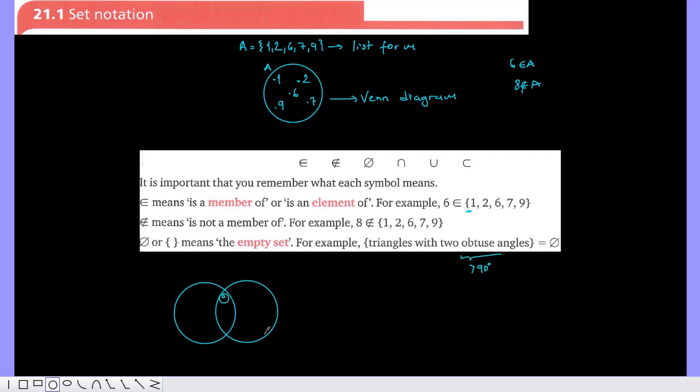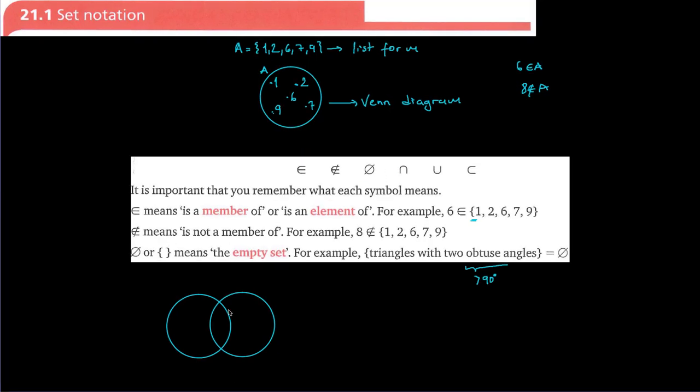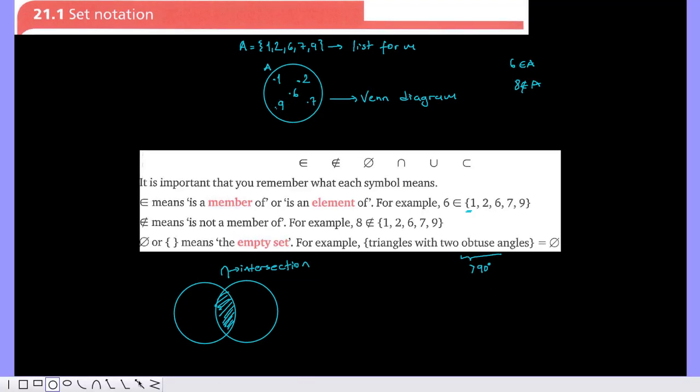When we are talking about the intersection, which is represented with this symbol here, which part is common? So this part is the common part of the sets.